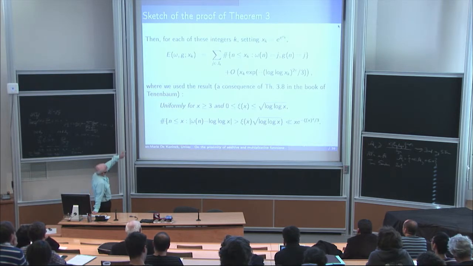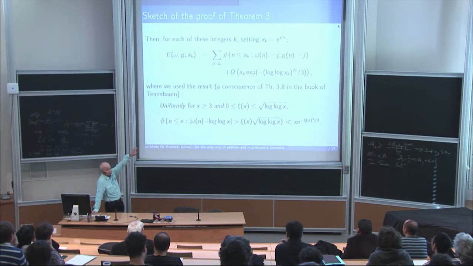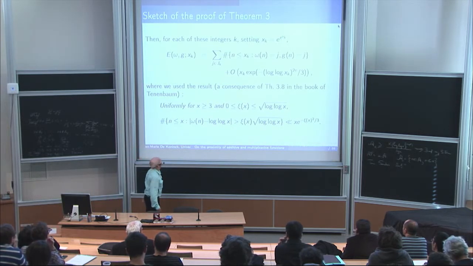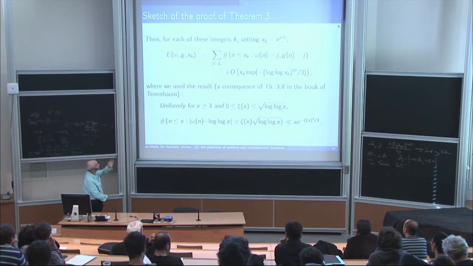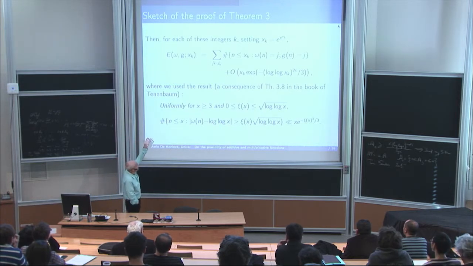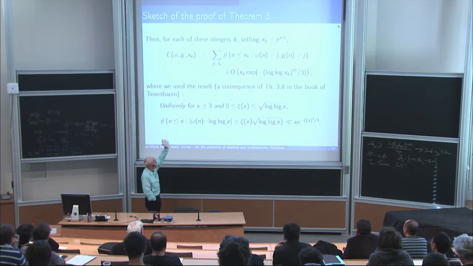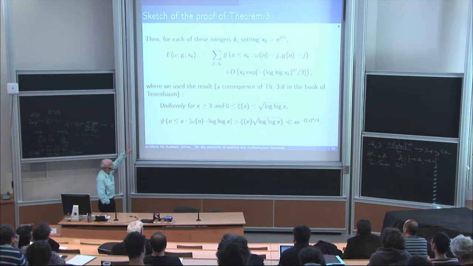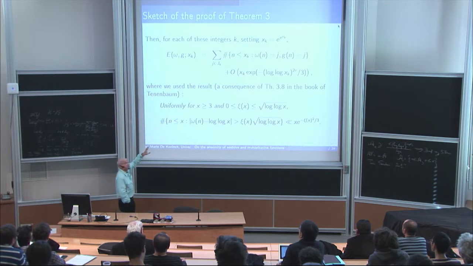Setting xk equals e to the yk, because I want yk to be log xk in a sense. And then for these particular k, E omega j xk is this definition, the sum over j in the interval gk, plus those outside.